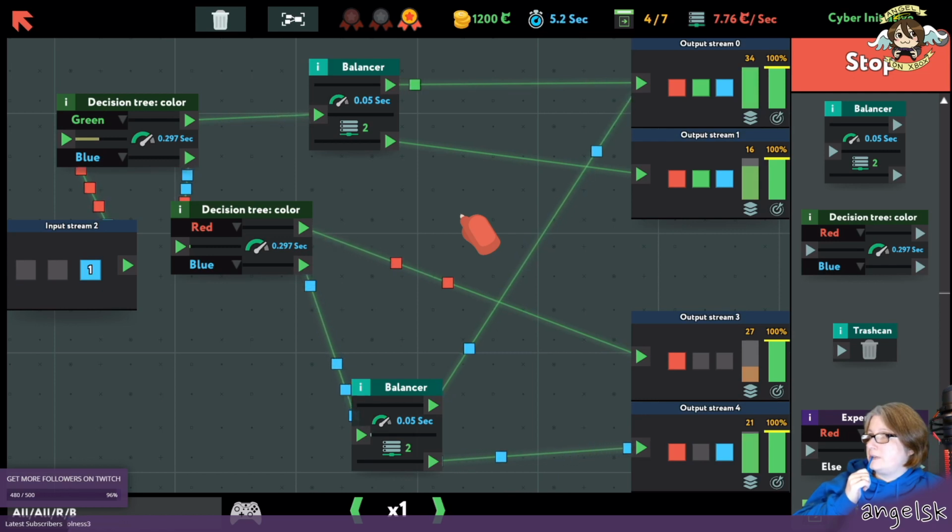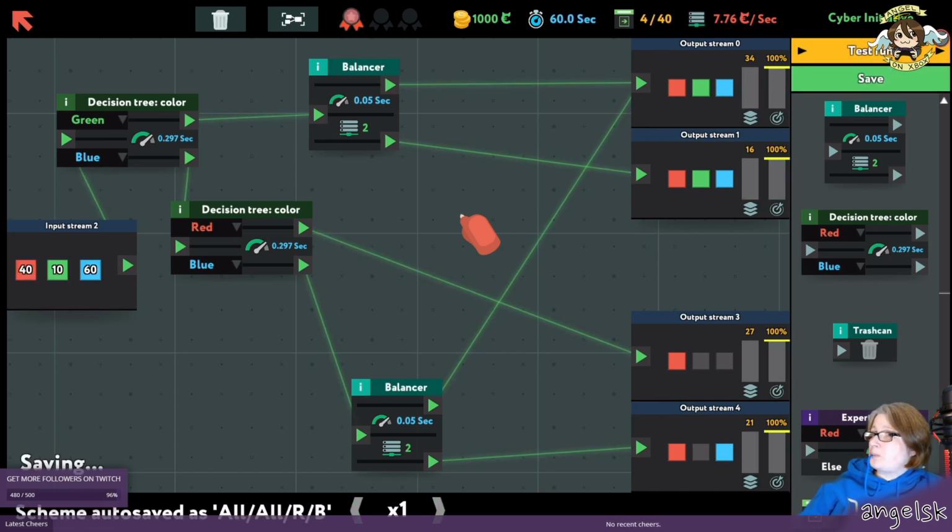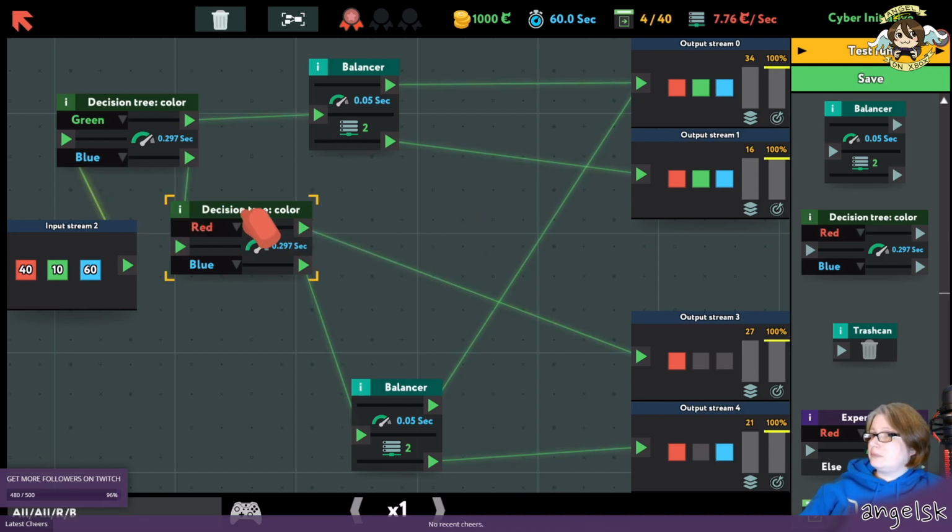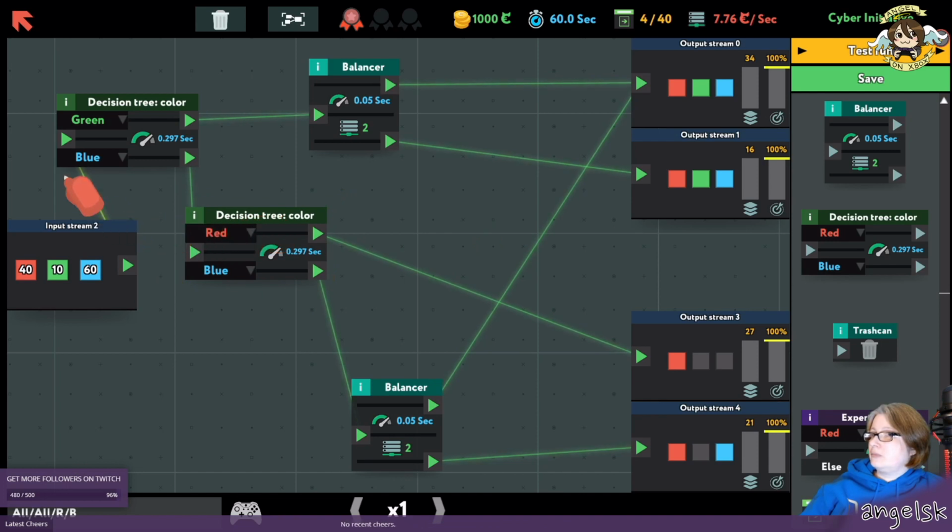Still not okay. Red. We're just closer. Potentially half the red, which is 20.